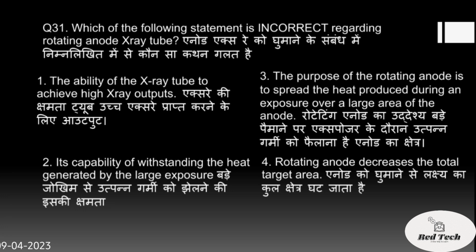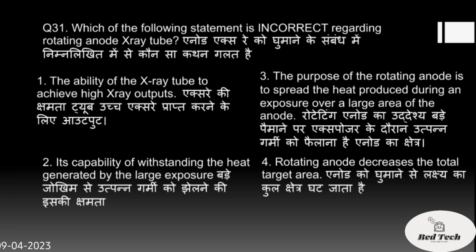Option number 1, the ability of the X-ray tube to achieve high X-ray output. By using the rotating anode, the lifespan of the X-ray tube increases. So it is correct regarding rotating anode that it achieves high output.